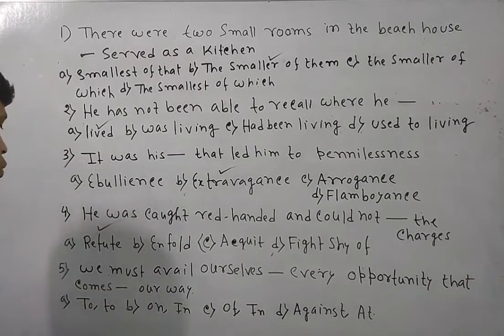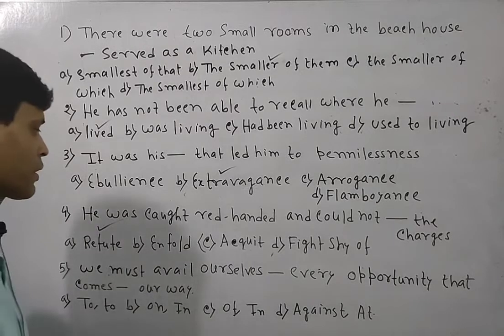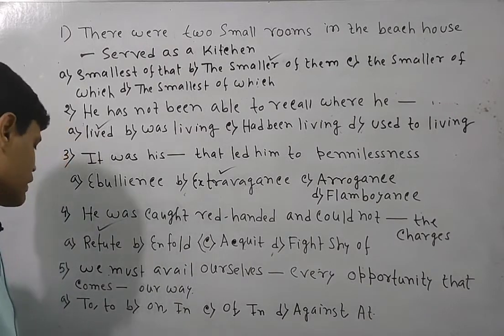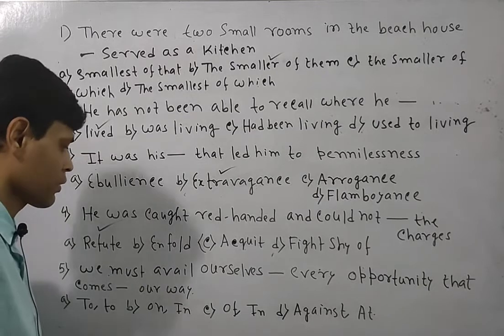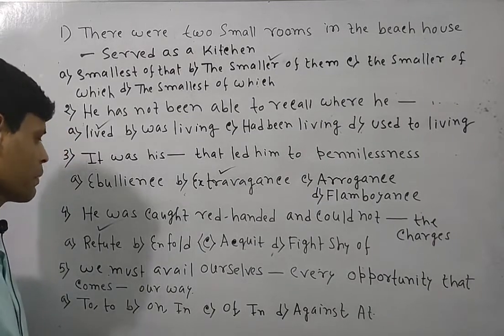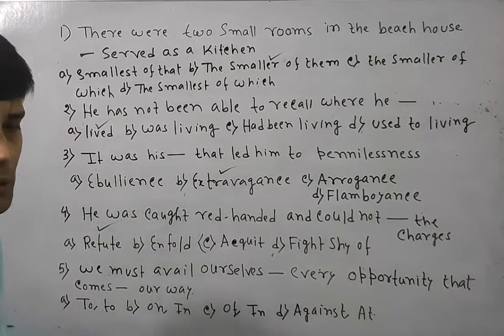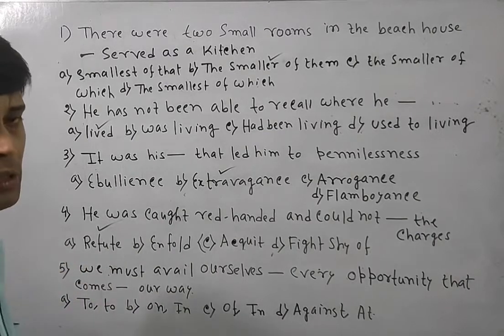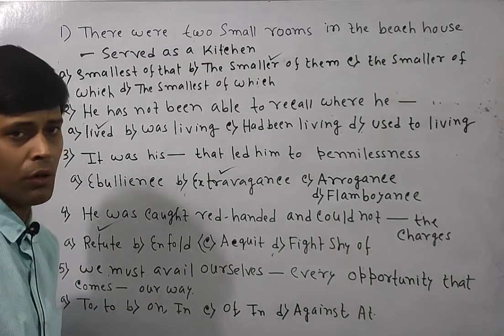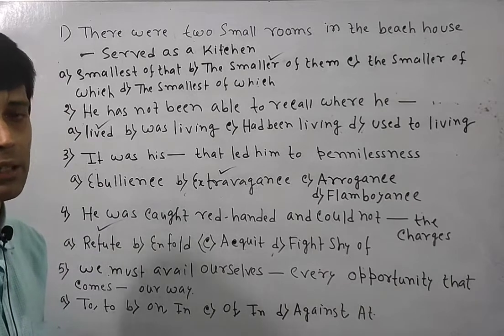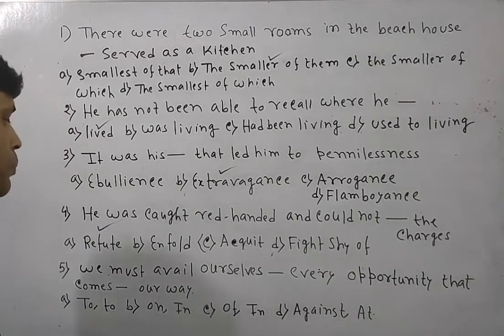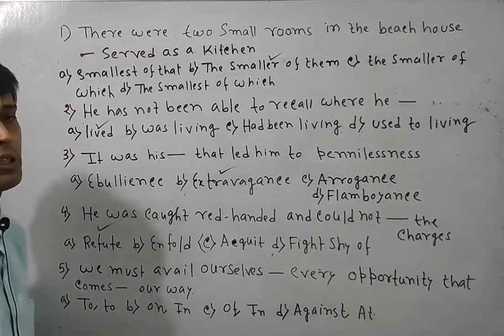Now look over the next question. We must avail ourselves dash every opportunity that comes dash our way. Whenever we place the verb avail, we have to place a self word, that is called the reflexive object, as per the subject. After that we write the preposition of.